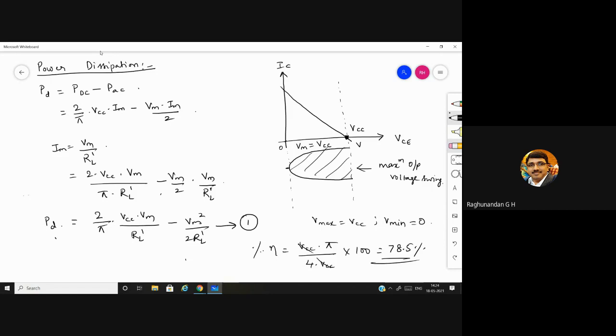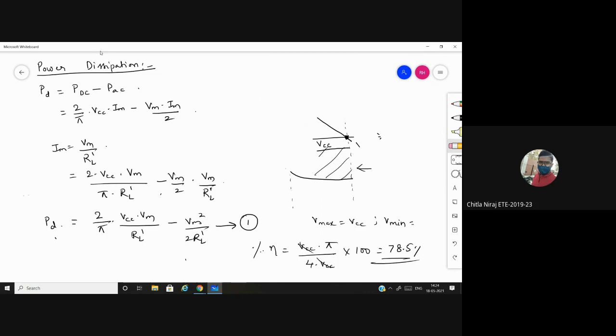See, in class A power amplifier, we were considering when the input signal was not given, what is the power dissipation when the input signal was not there? That was just PAC. No, fine. I'm asking the total power dissipation.